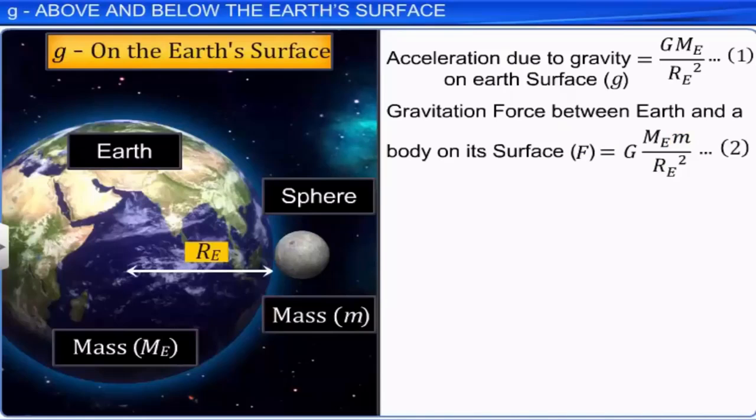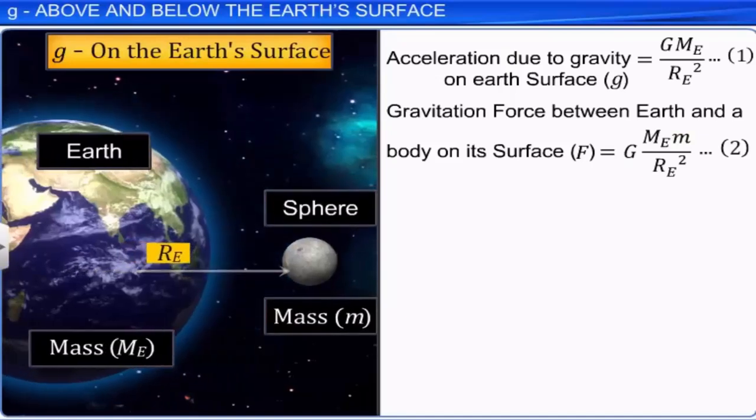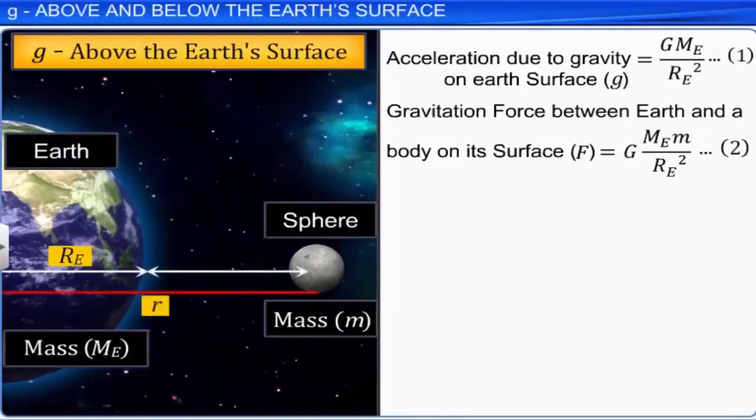Now let us assume that the body, that is the sphere, is taken away from the surface of the Earth to a height h, which is comparable to the radius of the Earth. The body placed at a given height experiences the gravitational force due to the Earth. It is represented in equation 3.